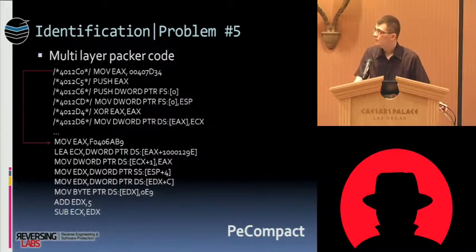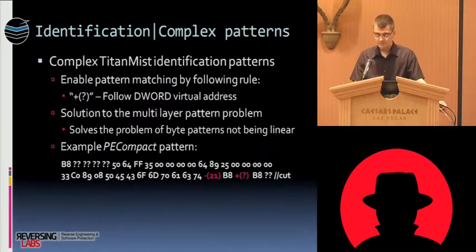So that can be spoofed, and easily spoofed. So what we said is, wouldn't it be nice if we could just follow the value of move EAX and continue our pattern matching there, because that's the second level of the packer, and everything we need for this better kind of pattern matching is right there. So why not do that?